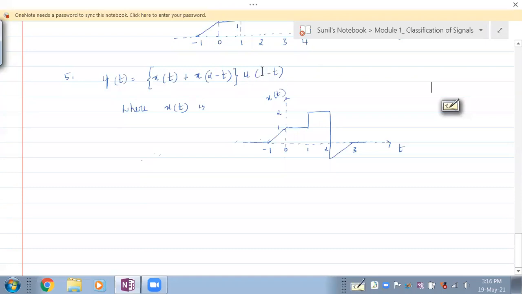Let's see what is u of 1 minus t when the time comes. Let's first deal with these two. And a similar challenge is there with x of 2 minus t also.